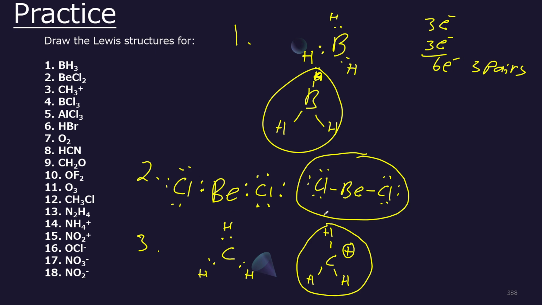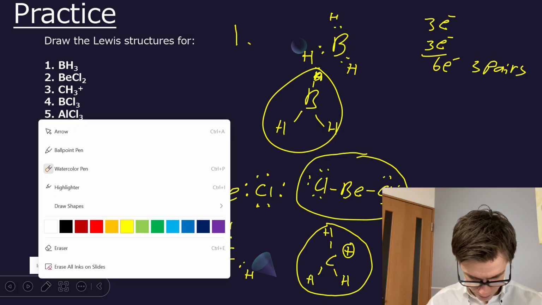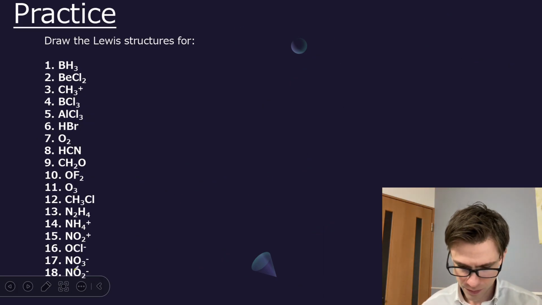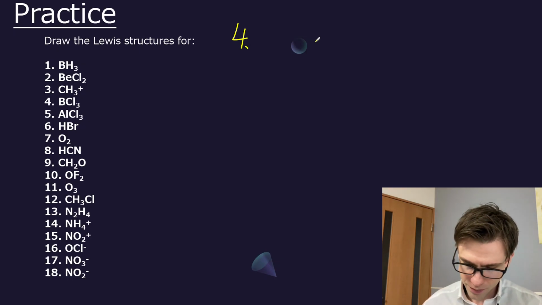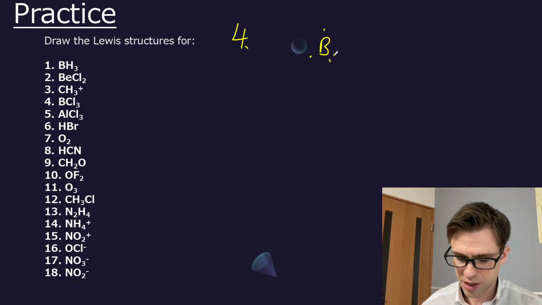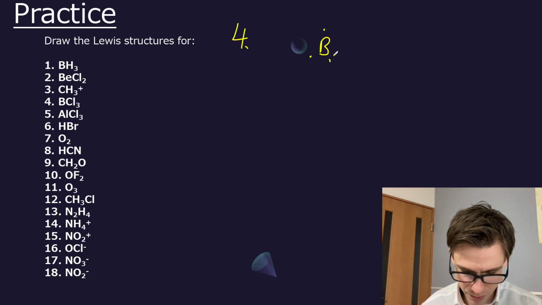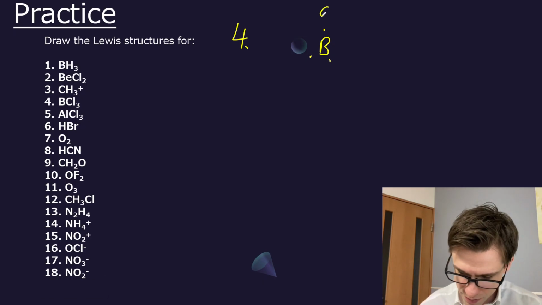Okay, so move on to number 4. I'm going to erase these. BCl3. Pretty much the same as some others that we've done. This boron will also not be able to form an octet, but 3 chlorines will come in. Top, left, right.